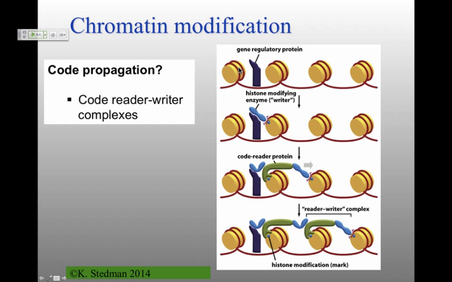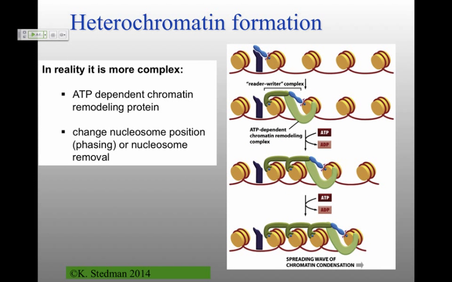So it's basically a positive feedback loop. You have one event that takes place, again, binding or activation of this one regulatory protein, that then leads to multiple changes that happen right there. Of course, again, it's not just those reader-writer complexes. We also have these so-called chromatin remodeling proteins, which move histones around, move histones forward, move histones backward.